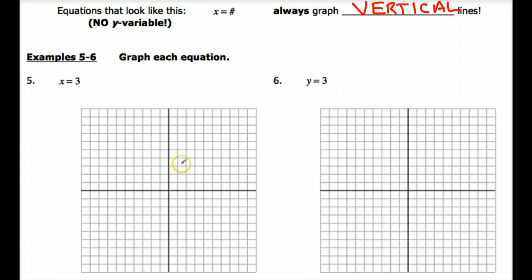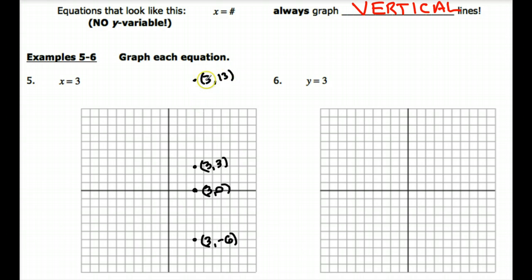It's going to intersect the x-axis here at 3, 0. It's going to go through the point up here at 3, 3, the point down here at 3, -6, and the point up here at 3, about 13.